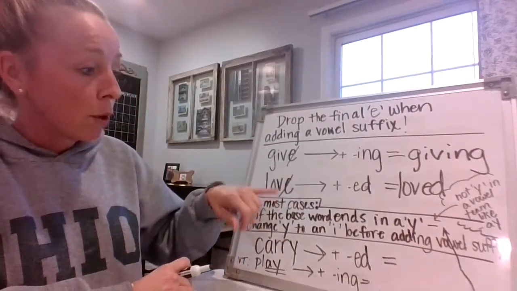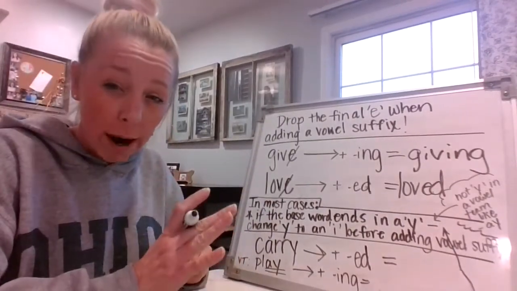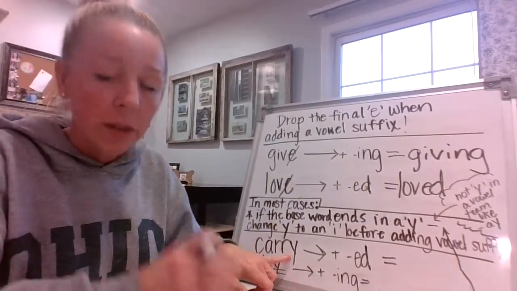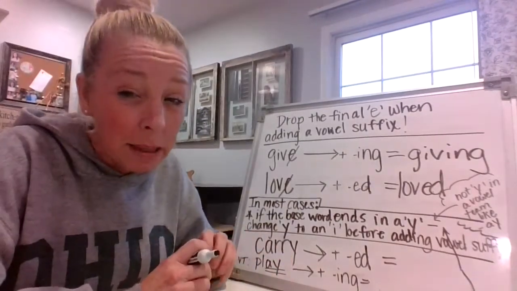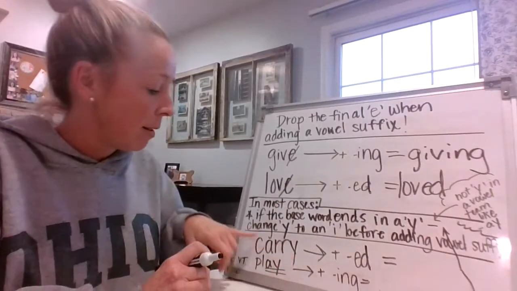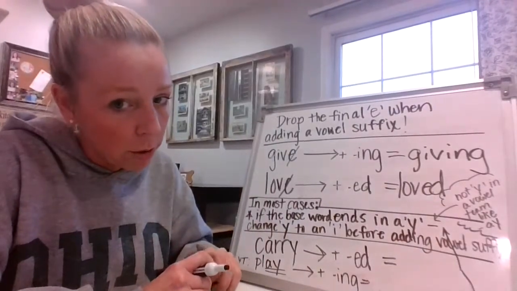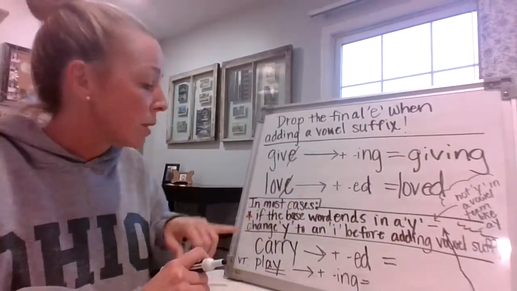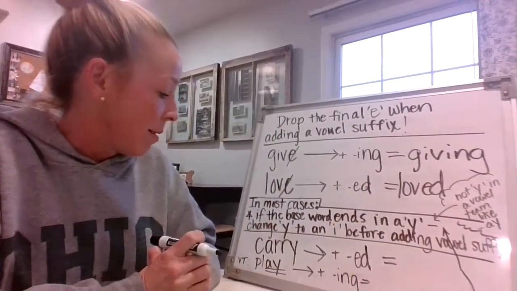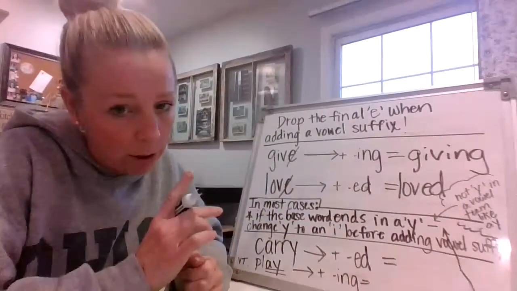If the base word ends in a single Y that's making a vowel sound, but it's not part of a vowel team, usually making the E sound like at the end of carry, in most cases, because there are always exceptions to our spelling rules, aren't there? In most cases, we change the Y to an I before adding the vowel suffix. So that's pretty important.